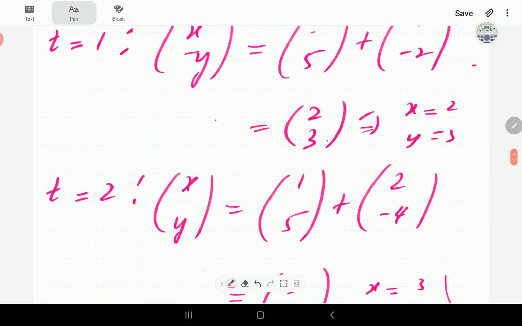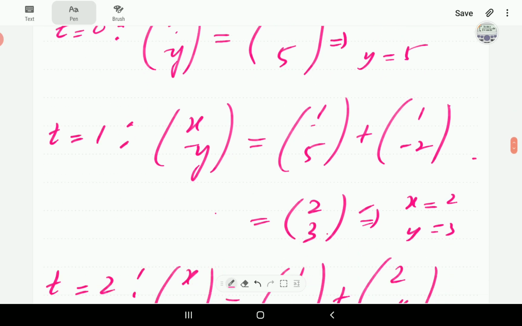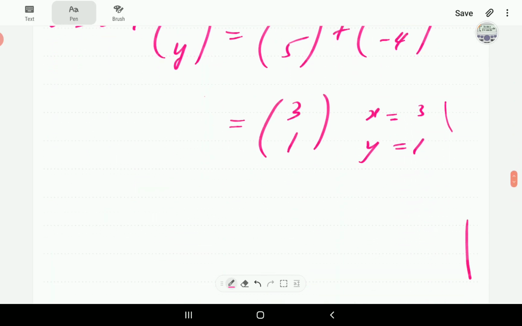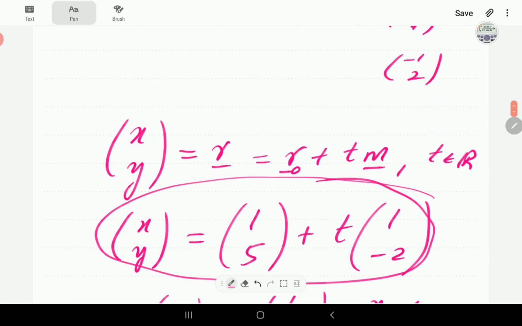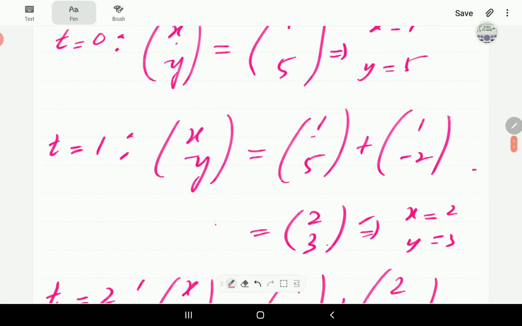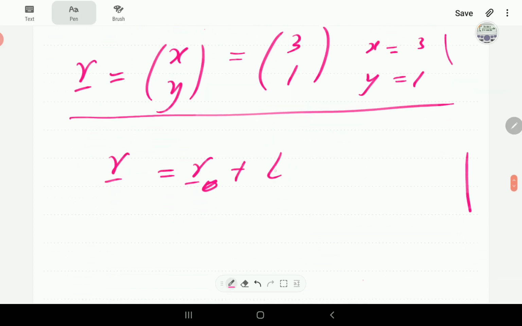We can write it in an abridged version as follows: r, which is just the position vector of a general coordinate xy, equals r naught, where r naught is (1, 5), plus t m, where m is the vector (1, -2).